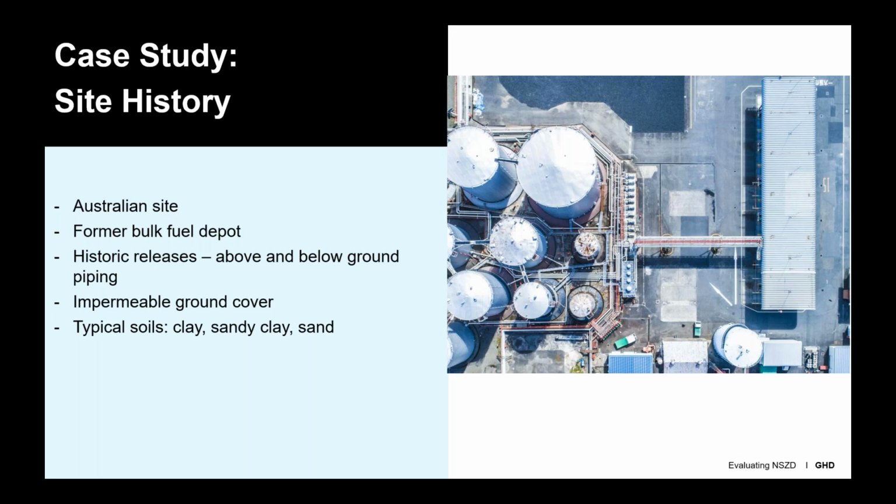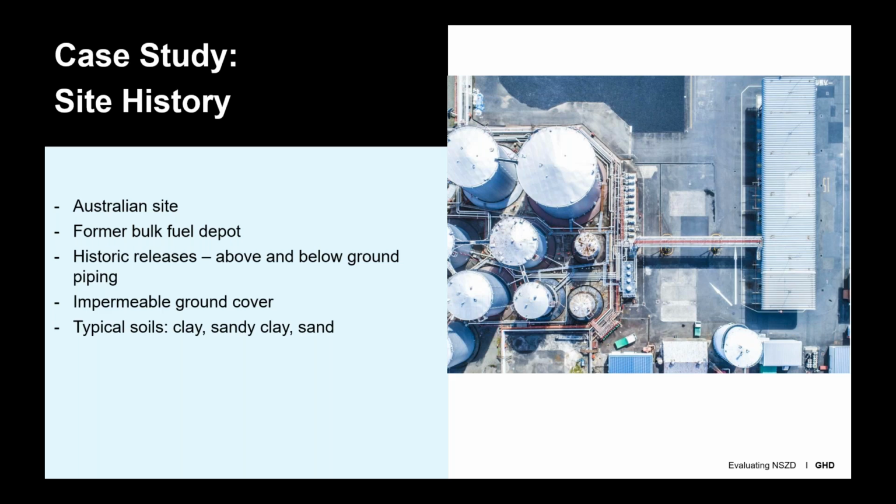The typical soils at the site include a couple of meters of clay or sandy clay that's underlain by up to 7 meters of stiffer clay. And then in some of the locations, there's sand or clayey sand or sandy clay soil.